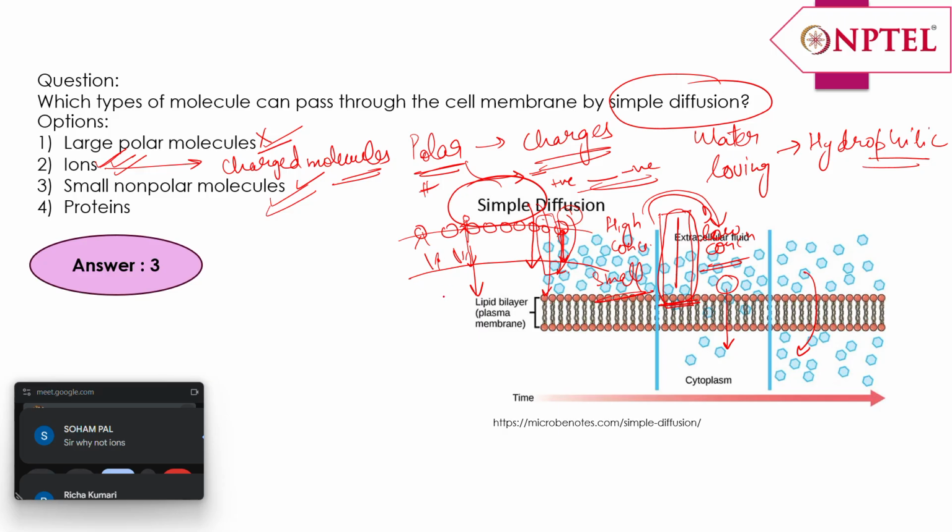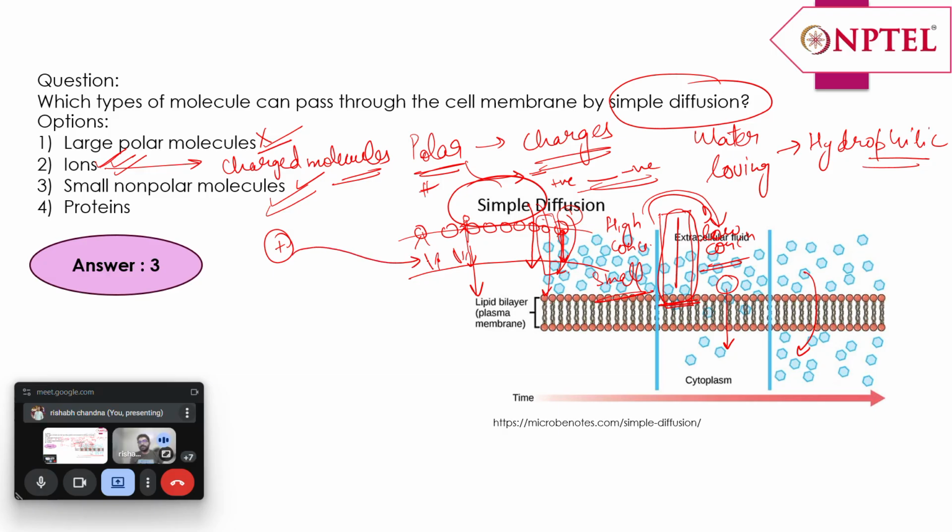So ions are basically charged molecules. If there is a charge, it will be difficult to pass through this hydrophobic environment, that is the tail part. And this charged molecule, in many cases, interacts with water, so it will not be able to interact with this hydrophobic environment.